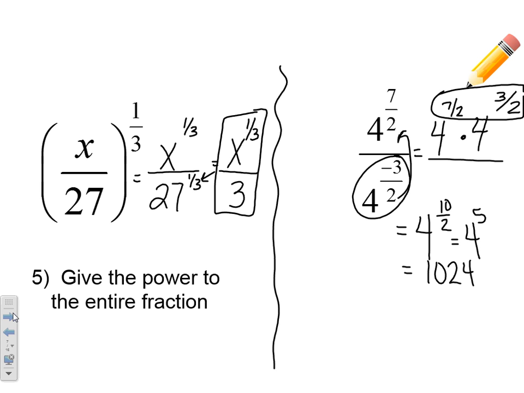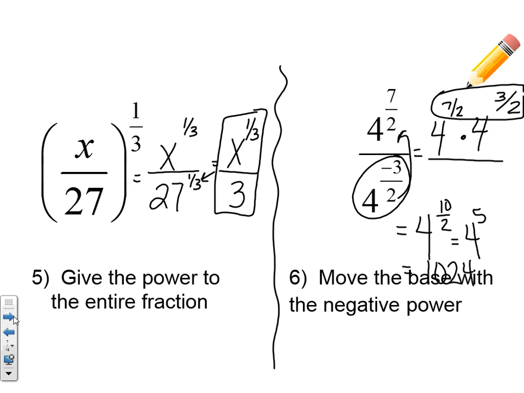So be careful, our little summary rule there. Still, when you're dealing with negative exponents, we move the base that has the negative power to the top. Notice when we moved it to the top, this 3/2 fraction still stayed 3 over 2. It didn't flip over, but its negative sign was lost there. Okay, we lose the negative when we move it to the top.